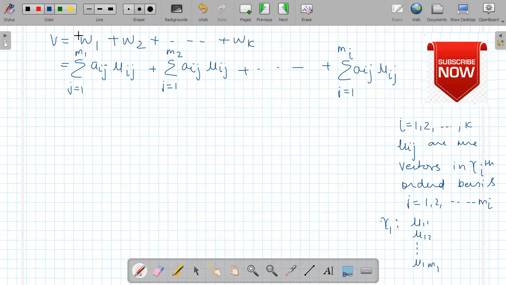So W1 is the span of these vectors, means their linear combination generates W. So that's why this is equal to summation Aij mu ij. Similarly, it is written for W2 and Wk.